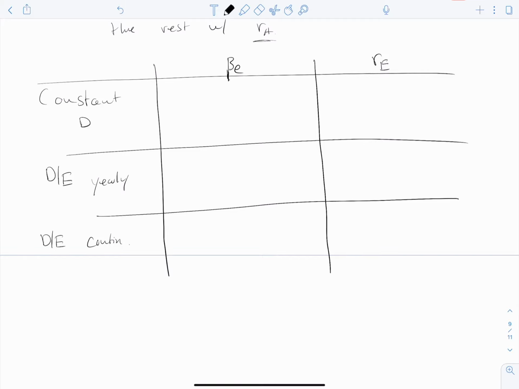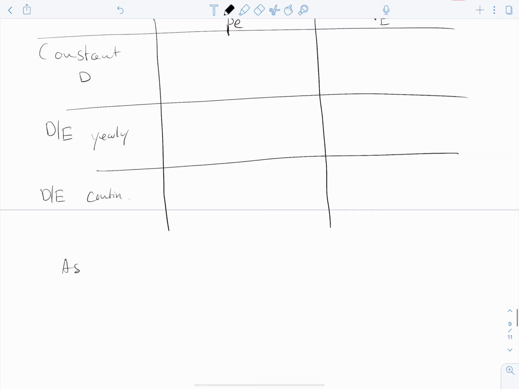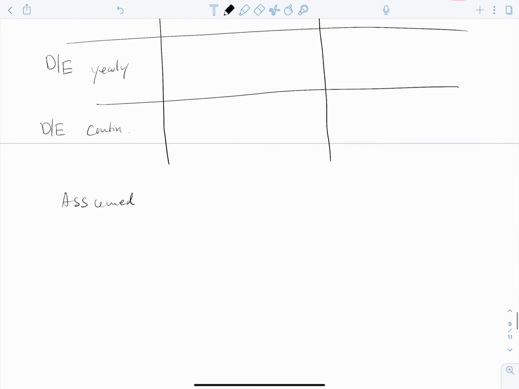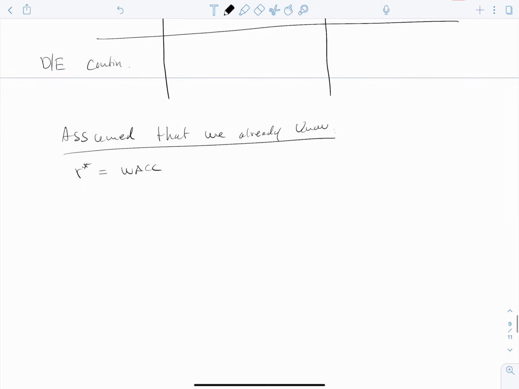If you can do that and you're willing to take a detour, so you don't go directly for calculating WACC, assuming that we already know that, you can always get to R star, which is WACC, assuming that we already know that return on equity is equal to this thing right here.